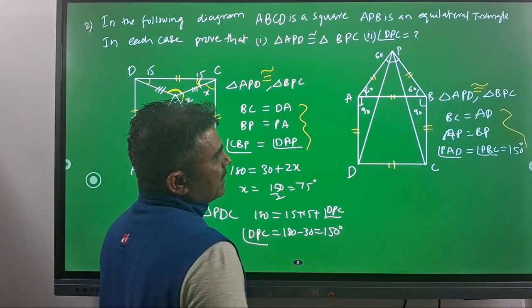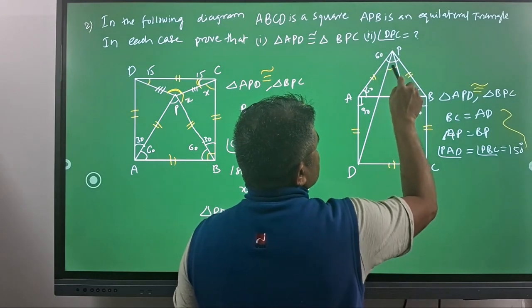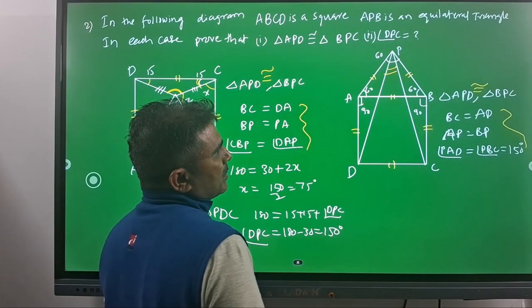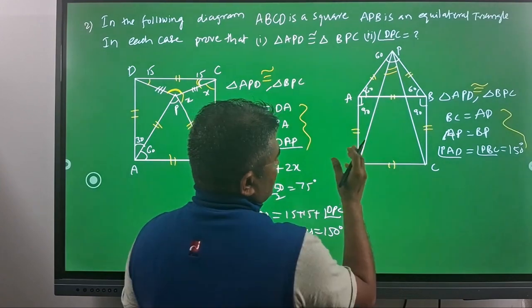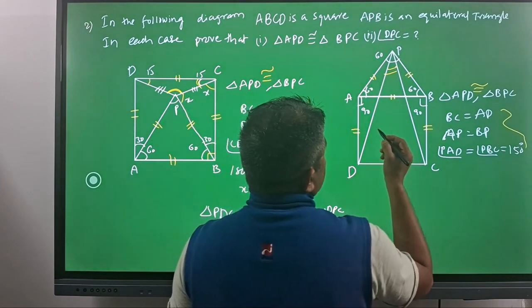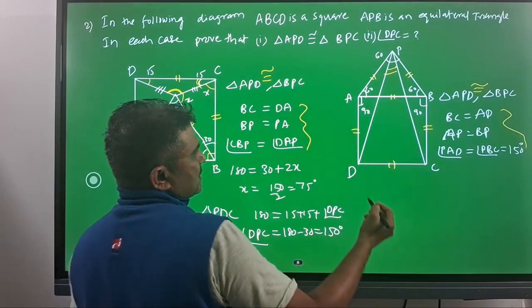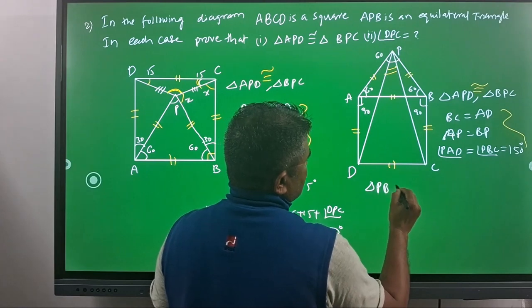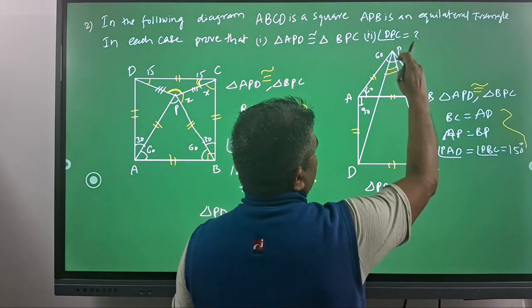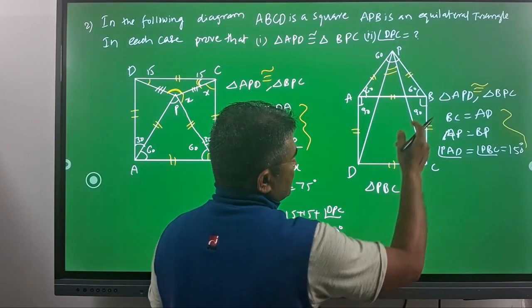And we need to find out angle DPC, this one. Before finding that, we should get some reference from the remaining things. Consider triangle PBC. In this PBC we have PB equal to BC because those two sides are equal, so it's an isosceles triangle.